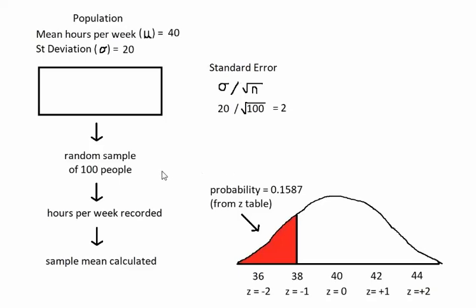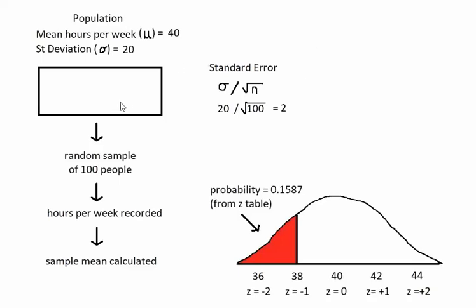So let's try to find the standard error in this situation. The population standard deviation is 20. To get the standard error, we take the population standard deviation and divide it by the square root of the sample size of 100. We learned this formula in an earlier video. We learned that there's a long formula and a short formula, and we learned that the short formula is used if the sample is no more than 5% of the population.